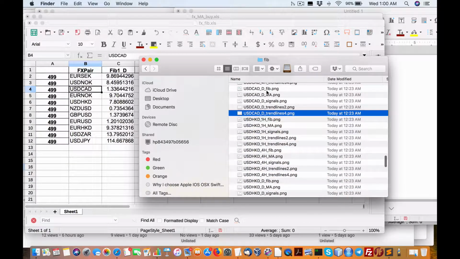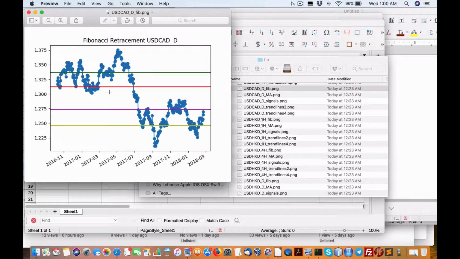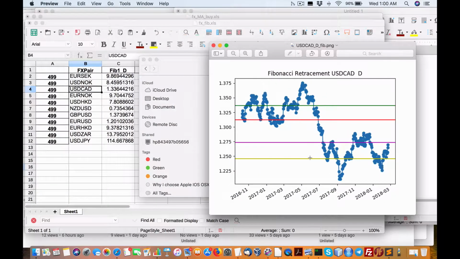Right here under the Fibonacci retracement, this is again using the daily. This currently is the best long-term buying opportunity, and I'll show you why. Right here, this would be the 0, level 2. I think that's level 3.